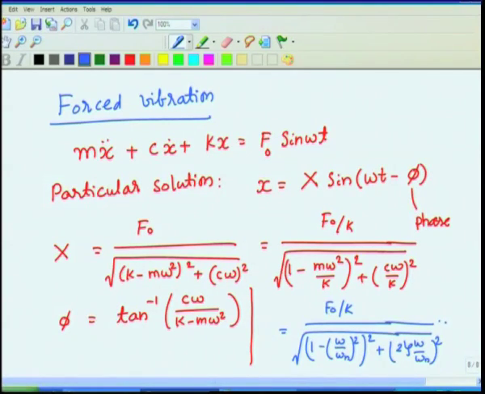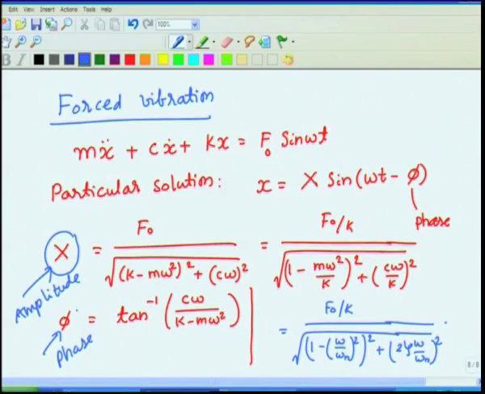So, this gives us a way of visualizing this amplitude x as omega varies. This is the amplitude, and this is the phase.